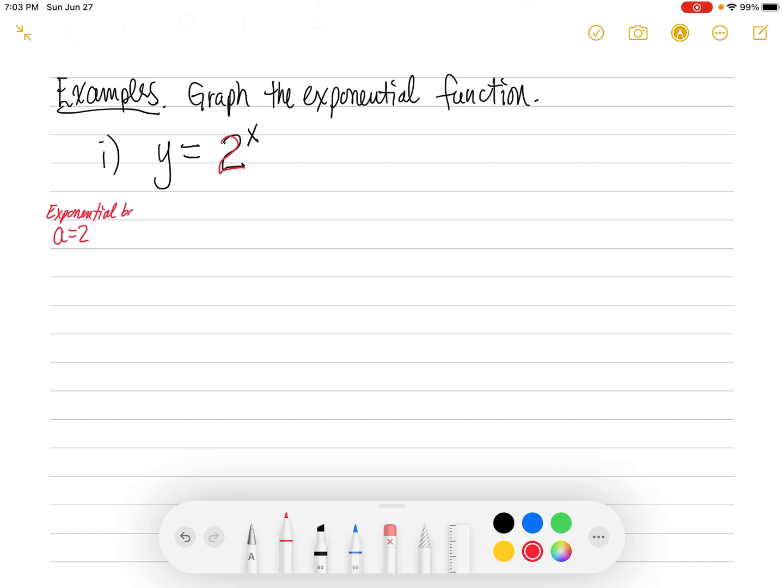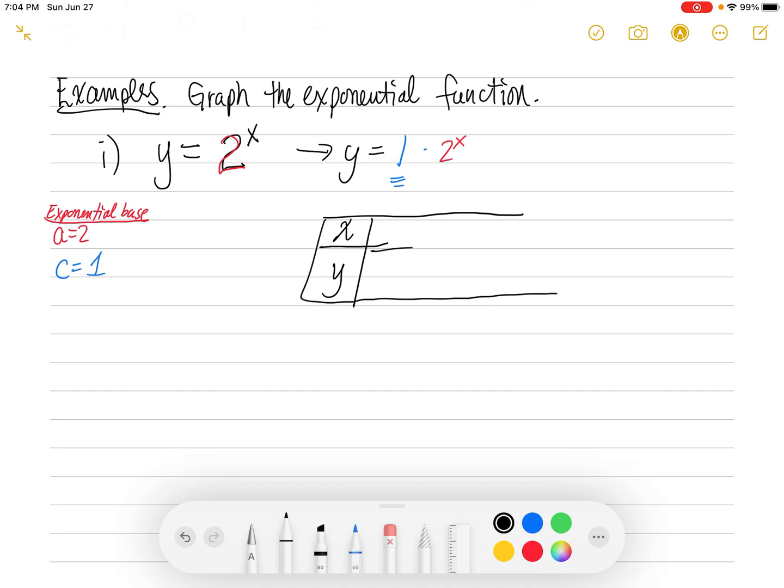So here my base a is 2, just so you know. This is called the exponential base. Now, you can imagine, if you want, you can rewrite this as y equals 1 times 2 to the x. So a, the exponential base, is 2. And c, the number out in front right here, is 1.